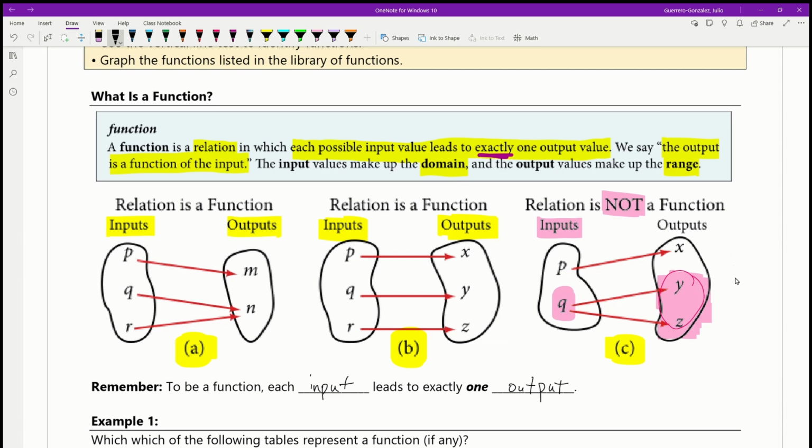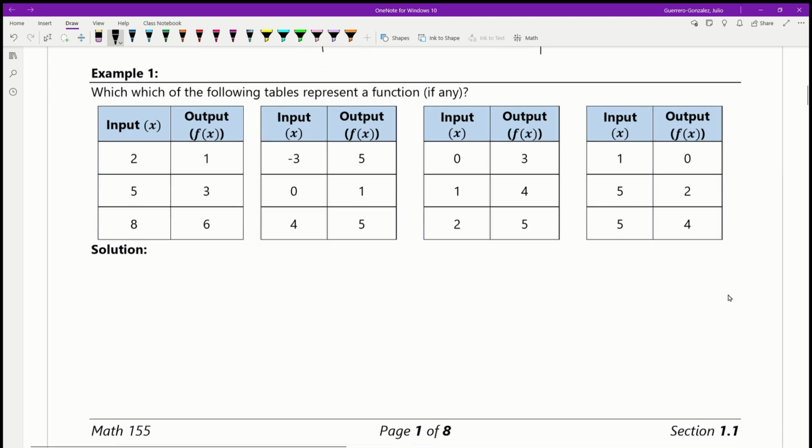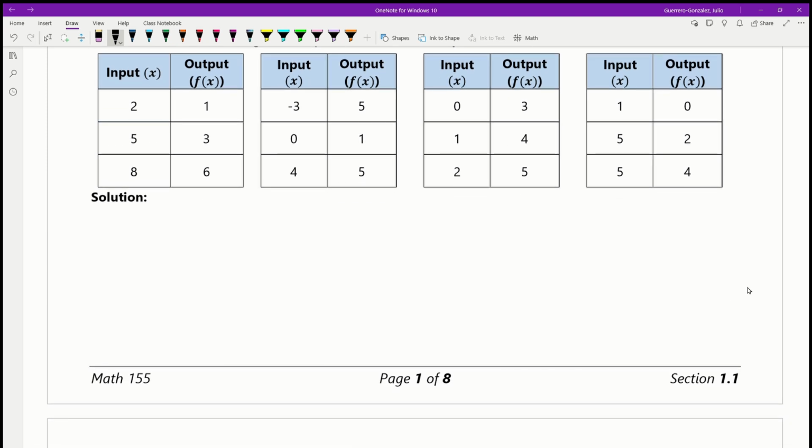Let me start sticking in some numbers. For this example, to determine if it's a function or not, we have to determine that every input goes to one output.